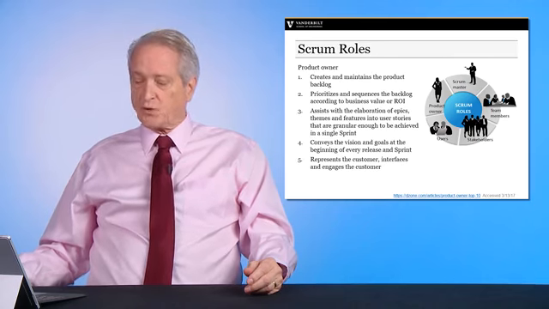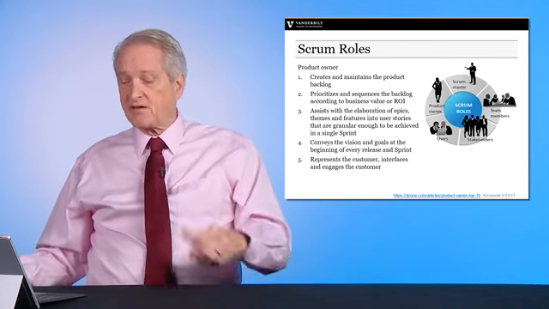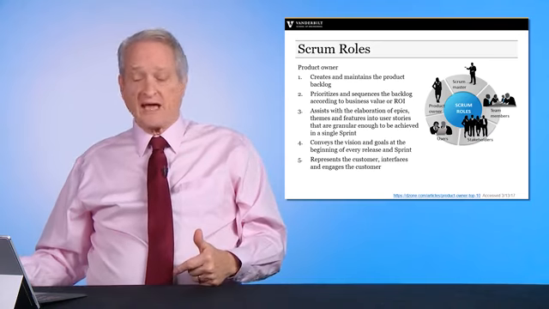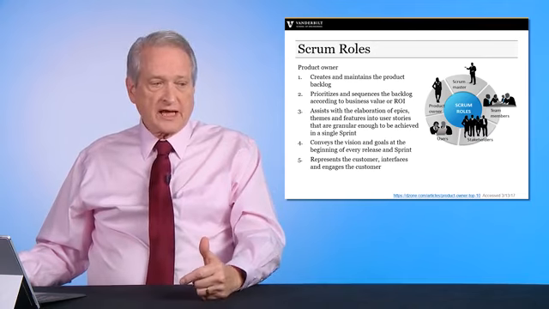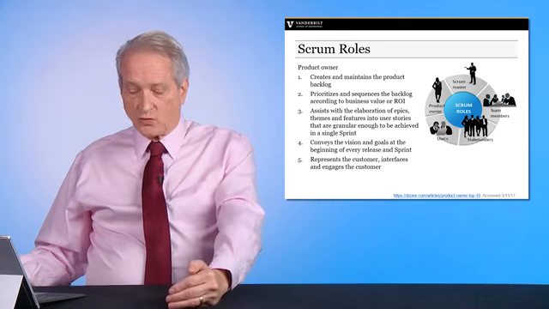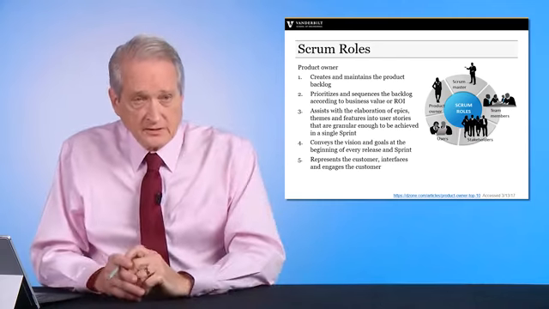So you've got the product owner. That's the person that has the backlog of items you need to add in your project. They elaborate on the user stories. They work with the customer, all the stakeholders, work with the vision.